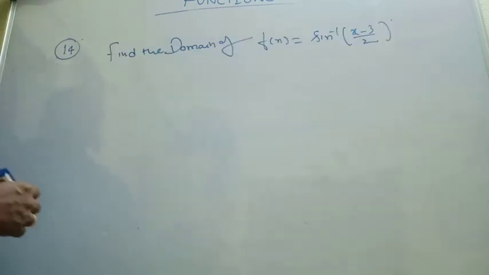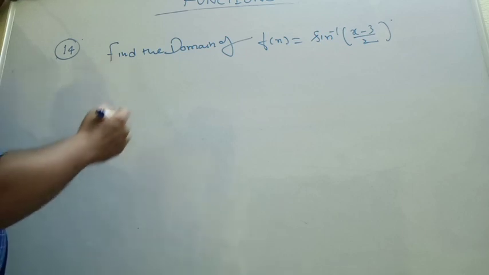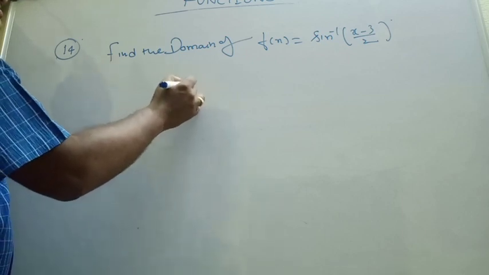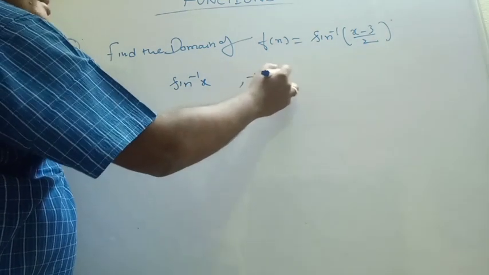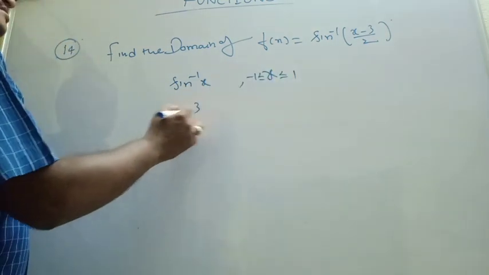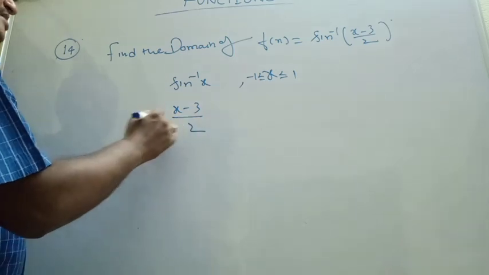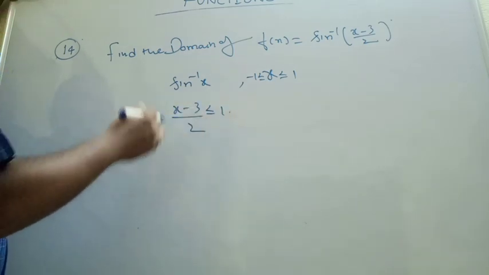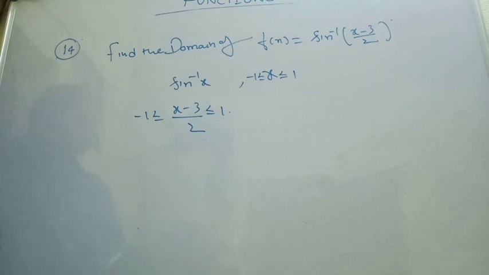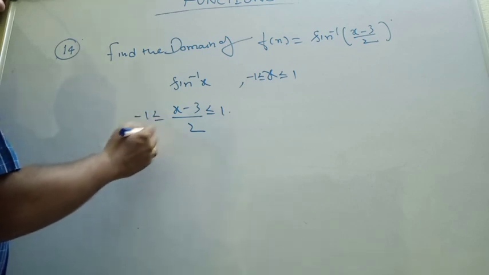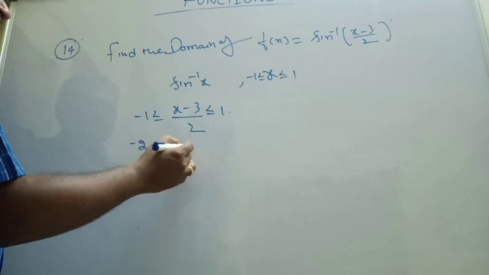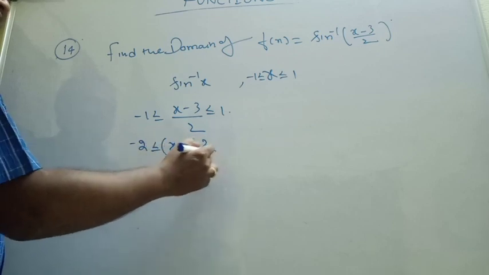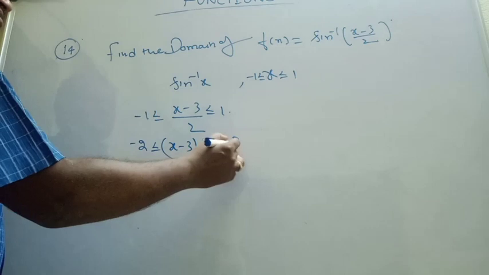See here, the domain of f(x) = sin⁻¹((x − 3)/2). As I already told you, sin⁻¹ x is defined when x lies between −1 and 1. Here (x − 3)/2 is supposed to lie between −1 and 1, and we need the x values for that. Multiply by 2: −2 ≤ x − 3 ≤ 2.